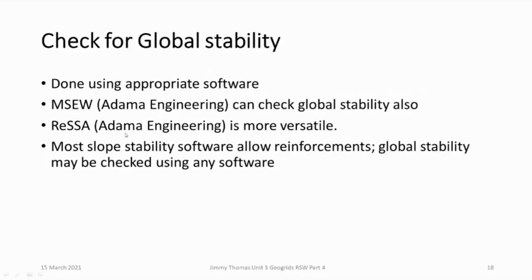We go to ReSSA, enter all the reinforcement data, and then we can do a global stability analysis. Many other slope stability software also allow reinforcements, like Slope/W or Slide, because those programs are much more powerful. ReSSA is okay, but it has some limitations in handling pore pressure.